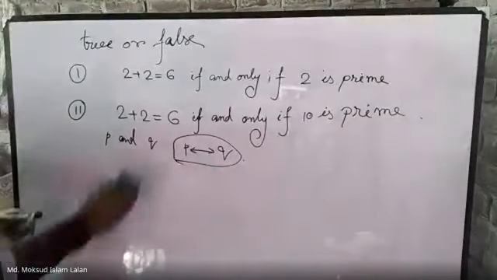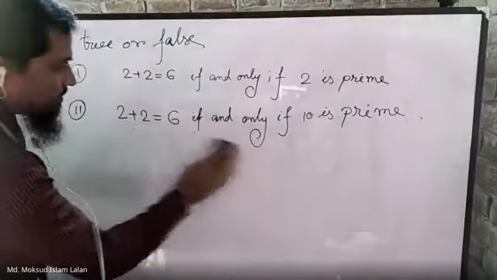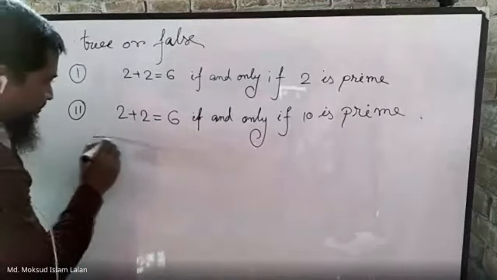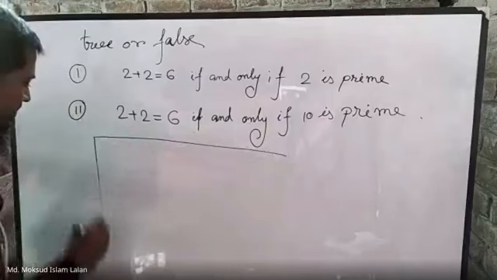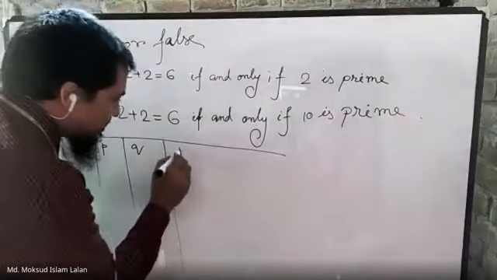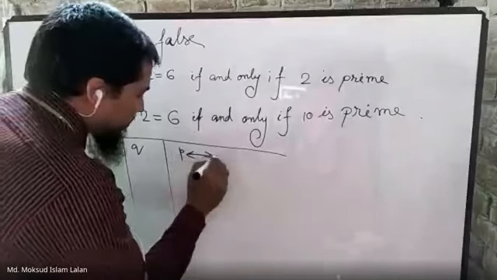So if you draw this table, what will be the implication? Suppose we know the compound proposition, that's very easy. One column is P, another is Q, another is P biconditional Q, right?